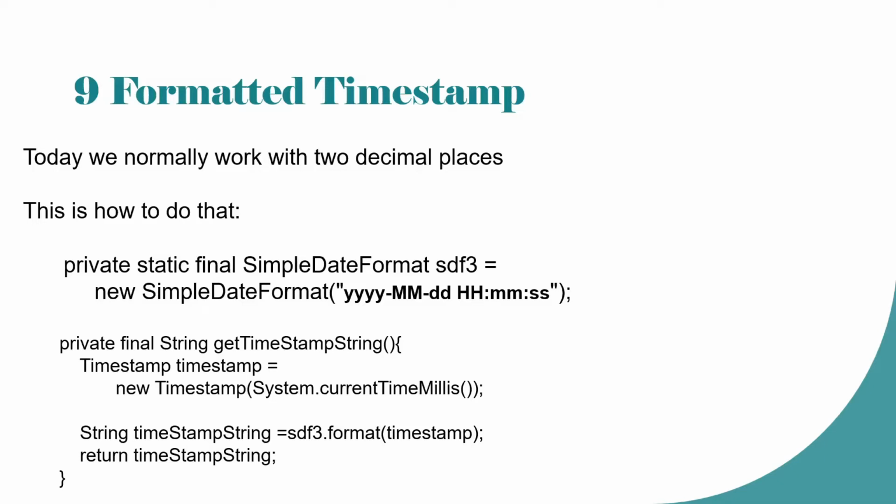I think it's 1970. Don't quote me, but it is a certain year. From that time until now, this point in time now. And it'll take the number of milliseconds, and that's a value. And that value will be a long. And what we are doing here is we're converting that value into a timestamp. So we now have a timestamp, and this variable timestamp is now declared. So this will have the current time.